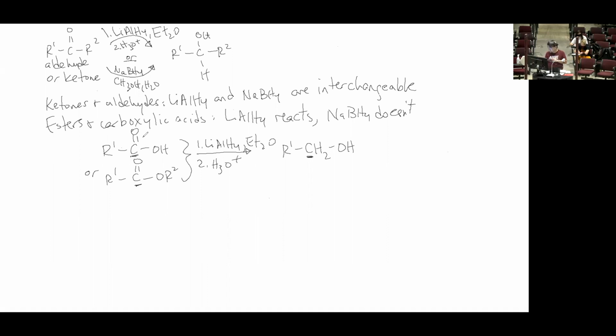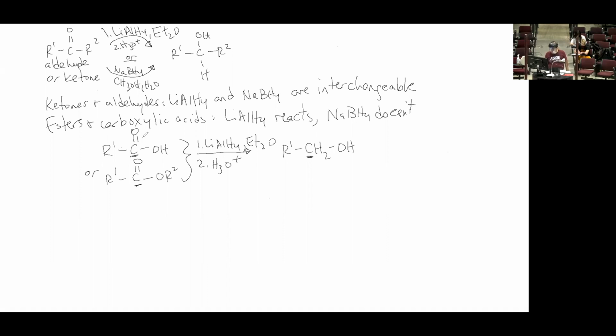So lithium aluminum hydride will do this type of transformation for us. Sodium borohydride will not. Sodium borohydride does not react with either carboxylic acids or esters. The most you'd get from carboxylic acids is the H minus in sodium borohydride will deprotonate your carboxylic acid and give you a carboxylate ion, but that's it. You will not get any reaction with the carbonyl group.